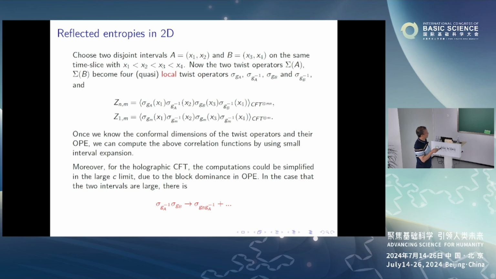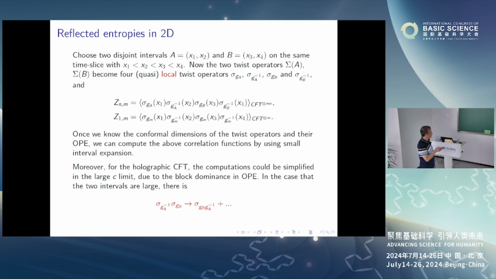So that is a point operator, sigma and sigma minus. You can take it as sigma tilde. This is for A, this is for B. The essential part is to work out the conformal dimension of the twist operator and also the OPEs.